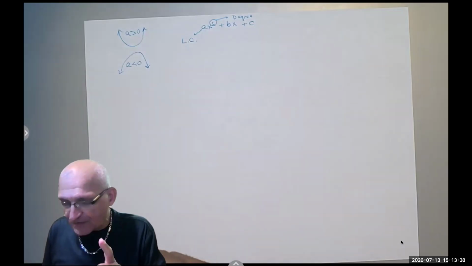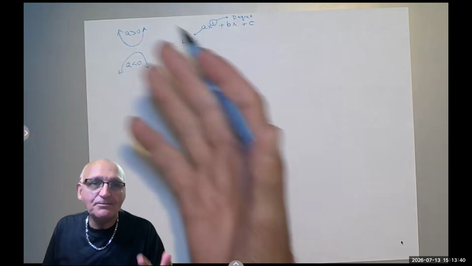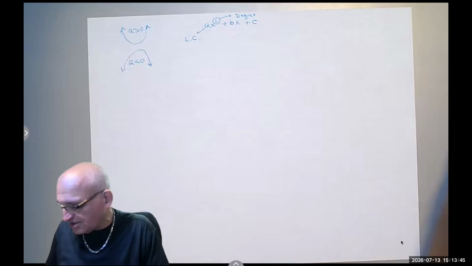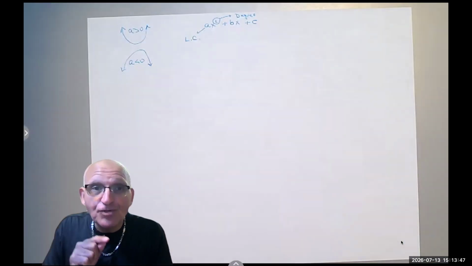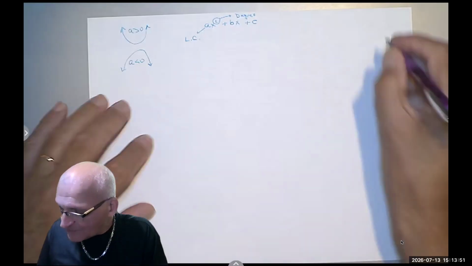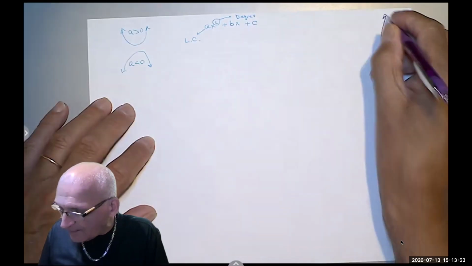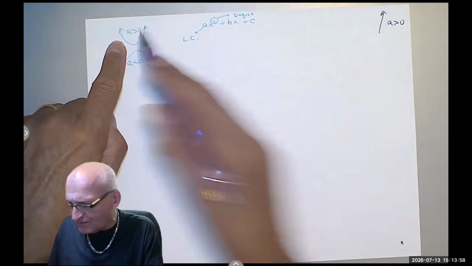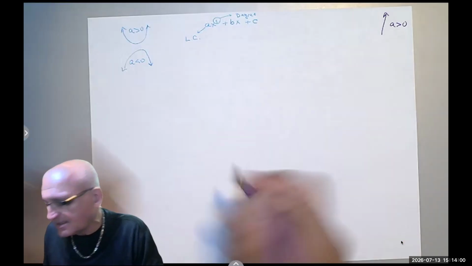Okay? So the first thing you are going to do in any polynomial graph is to look at the leading coefficient. If it's greater than 0, we say that the right end is going up. You say, but both of them follow each other, so why do I say the right? You will see in a second.